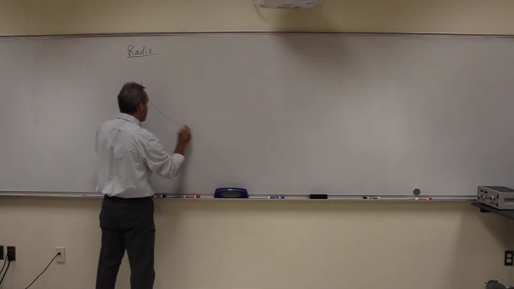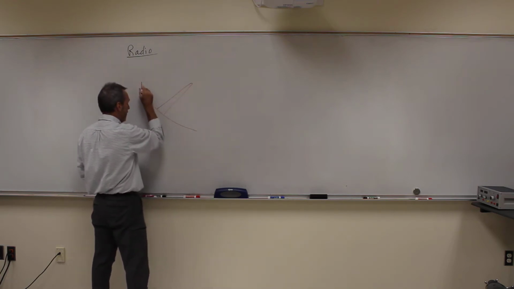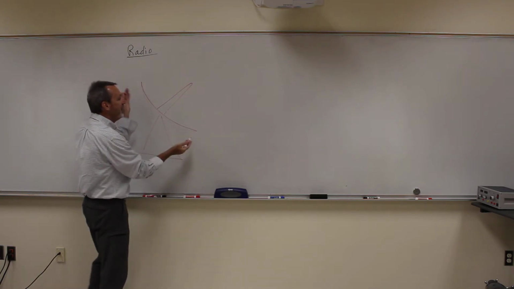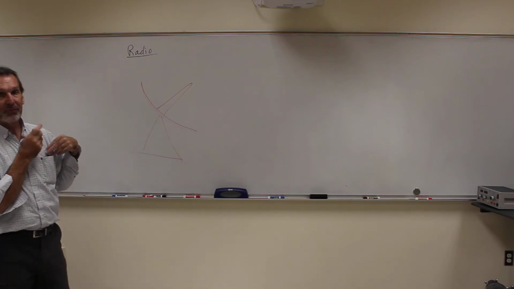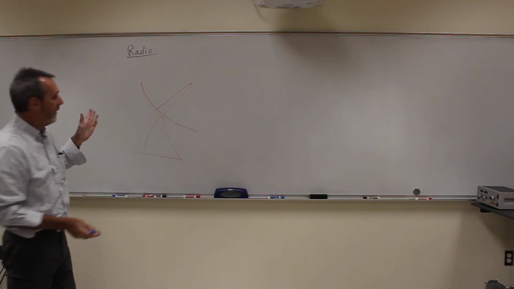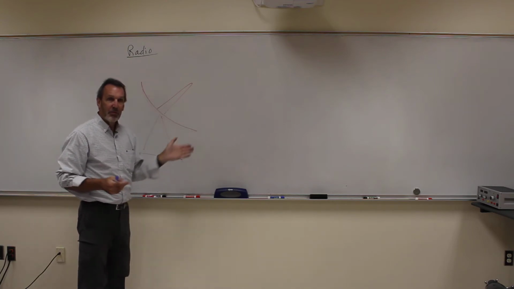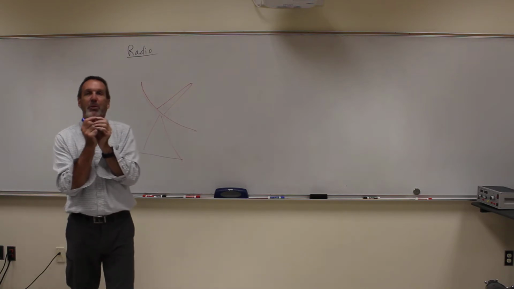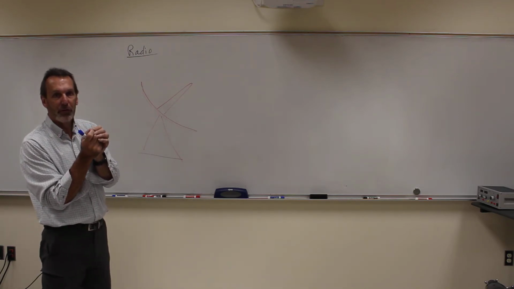So to do a radio telescope, the problem is, here's my radio telescope, you need to have a really big dish. Okay? Essentially, this is just like a mirror. But with radio waves, all you have to do is have metal, and the gaps between the holes in that has to be smaller than the wavelength, and it'll reflect it.